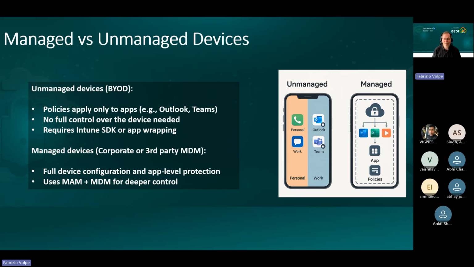On the other side, I have the managed devices, which are also called enrolled devices. On an enrolled device, I am able to control everything, how the phone behaves, what kind of PIN you are using. For example, if I have a bring your own device, the user is free to decide if they want to use a PIN or the thumbprint to open the phone, or the Face ID.